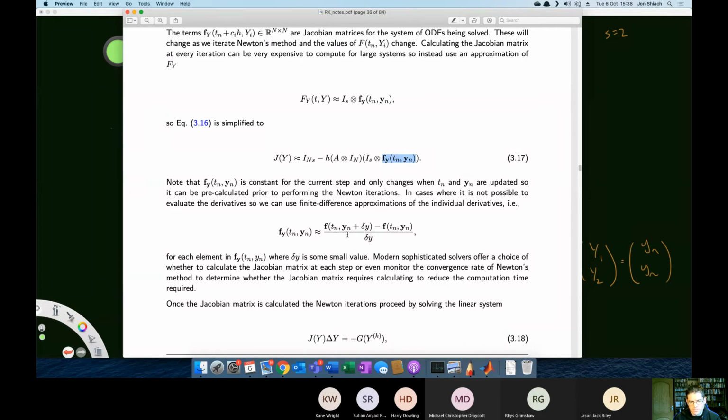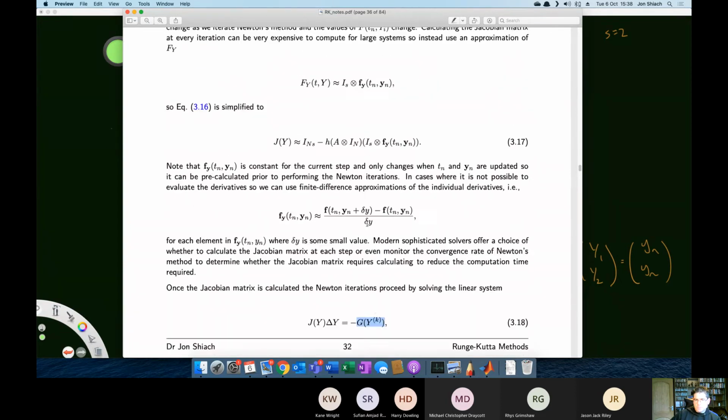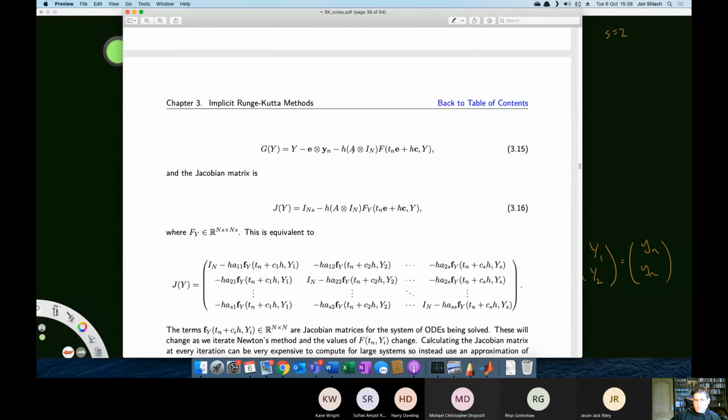In all the MATLAB ones, for example, you can ask it to use a specific Jacobian. That's just a first order finite difference approximation. Once we've calculated the Jacobian, we know what g of Y is because that was this function here.